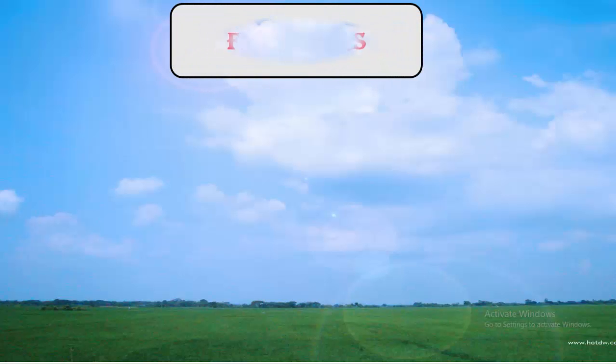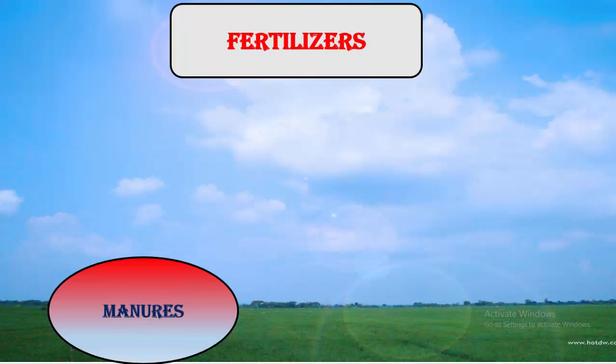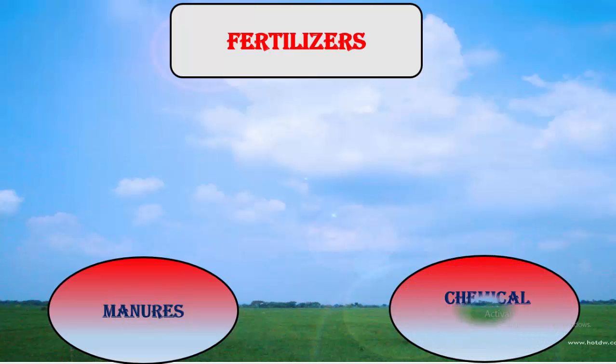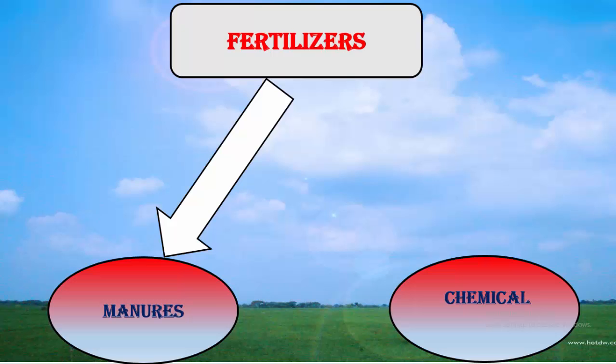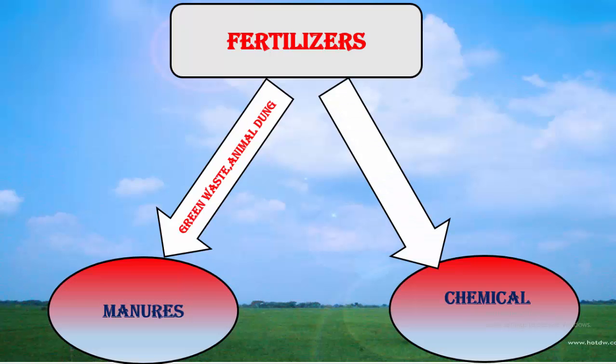Here we are going to deal with the first topic, that is fertilizer. Now why do we need fertilizers? There are two types of fertilizers. First one is manures and another one is chemical. The manure is completely made by natural things, that is green waste, animal dung, and chemical fertilizers are mixtures of chemicals.